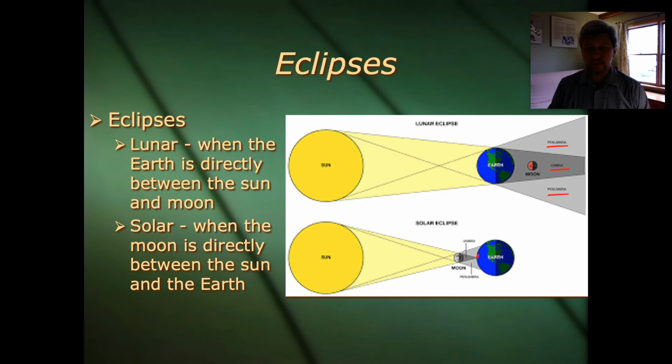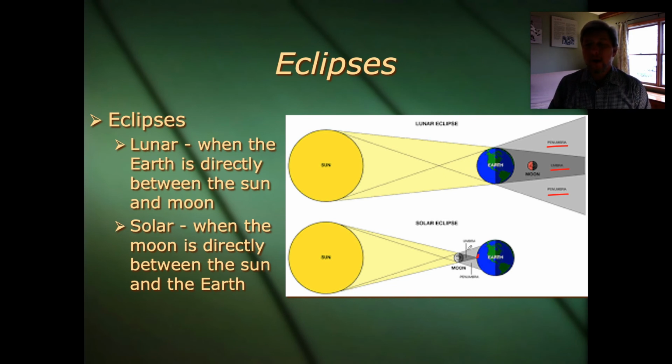So here are the rays of the sun coming and striking the Earth and lighting up half of the Earth at a time. But if the moon's in the way here, then there's a point on the Earth that's in the shadow of the moon. And so what appears to happen is in the sky, the sun will be blotted out by the moon.